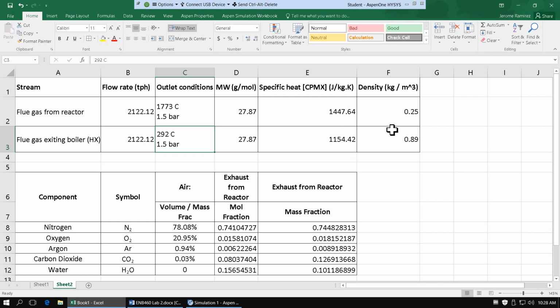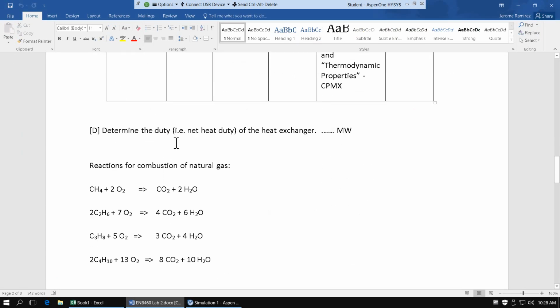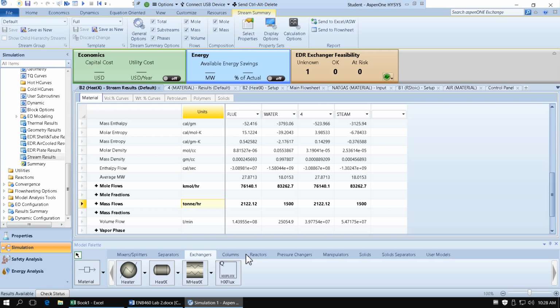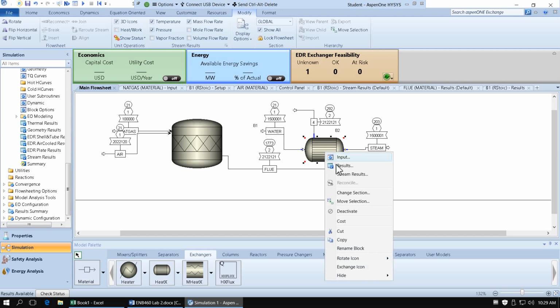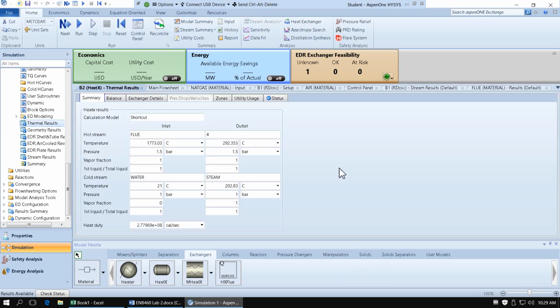Right? And then the last question is to determine the heat duty or net heat duty of the heat exchanger. All right, and you can view that by clicking on your heat exchanger and getting to results. Okay, so you have here the summary of the conditions of the inlet and outlet streams, cold side and hot side there.